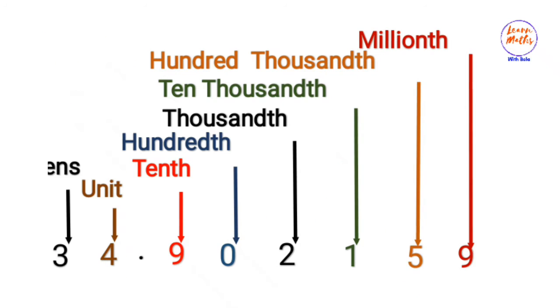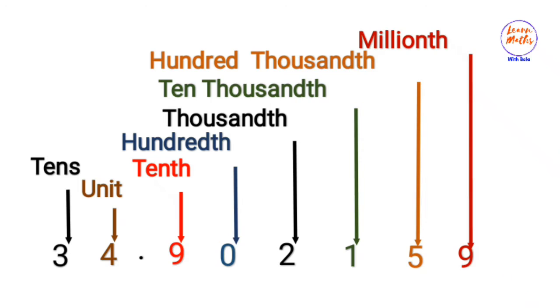So next I have added a chart for decimals. The previous one did not have a decimal, but this one has decimal. Whenever you are dealing with the place value of decimal numbers, you must first understand the position of the decimal, because the position of the decimal determines the position of every other number. What do I mean by that?